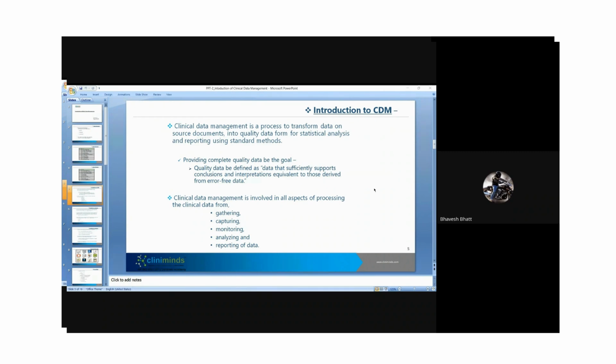So there are sub aspects of data management as well. That's where we are further dividing data into different steps: gathering information, capturing information, monitoring, analyzing, and then reporting of that data. All this is the information which we are going to process further.